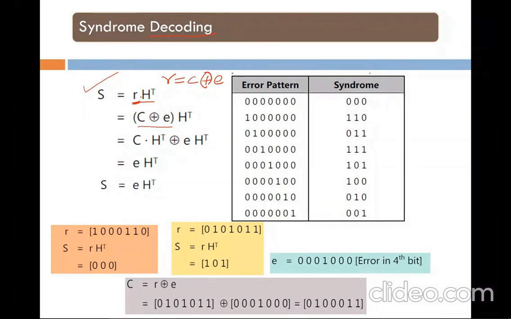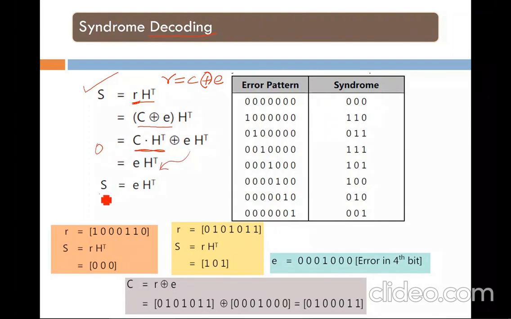Now element by element multiplication is done: C into H transpose XOR E into H transpose. We know that if there is no error in the received code word, then C into H transpose is equal to 0. So what remains is S equal to E into H transpose.